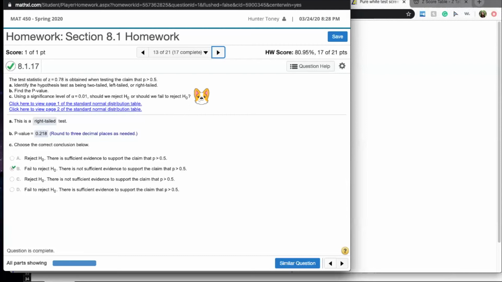When we're looking at our p-value, we can draw a graph like we normally do, and think about our claim. If we're looking at p being greater than 0.5, anything greater than is going to be on this side of our graph or bell curve. So we're going to be looking in this portion for our p-value.